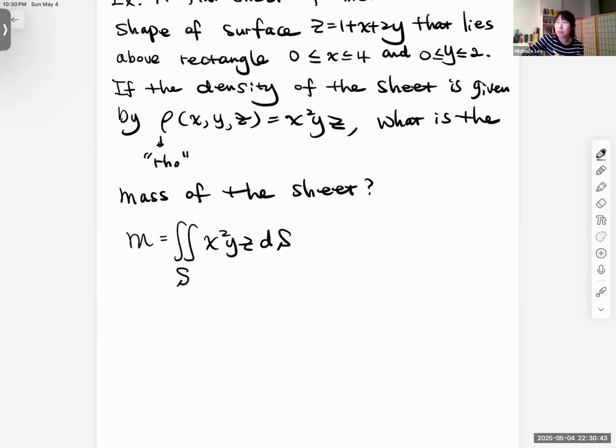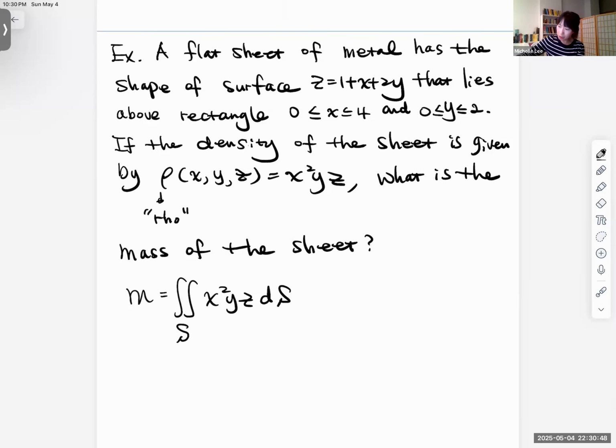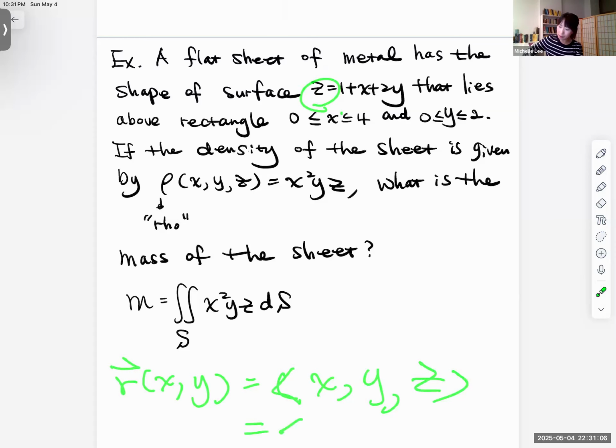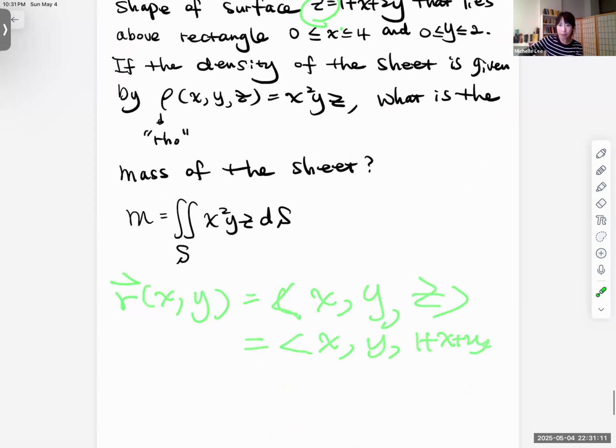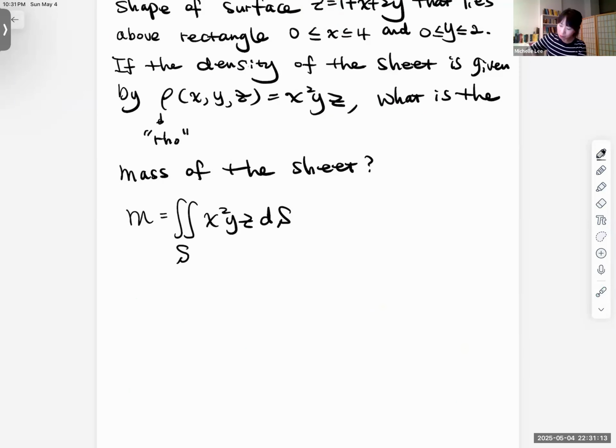We have a given function here, z equals 1 plus x plus 2y, nothing else. So we can set up r of x, y equal to x, y, and z, which is x, y, 1 plus x plus 2y. Make sense? Let me make a note.